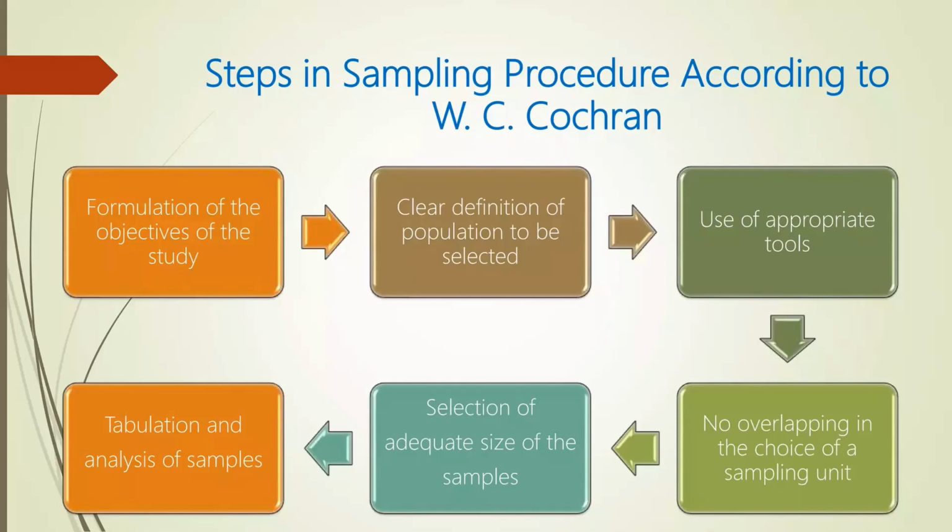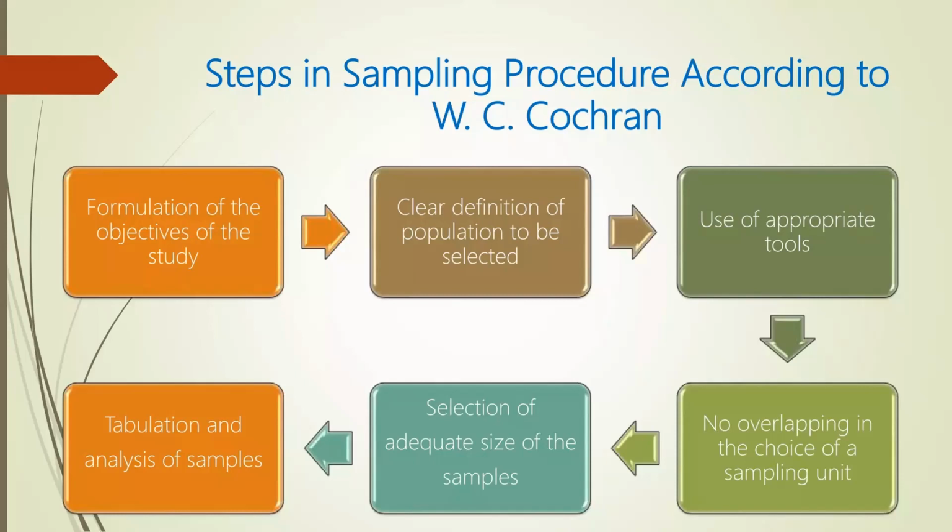So sampling and objective must go hand in hand, right? Then a clear definition of the population to be selected. Whatever population you are selecting for the sampling, you must give a clear idea about that population whenever you are presenting the data, and you yourself must have a clear idea about the population.